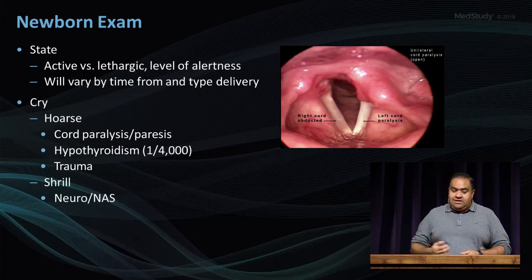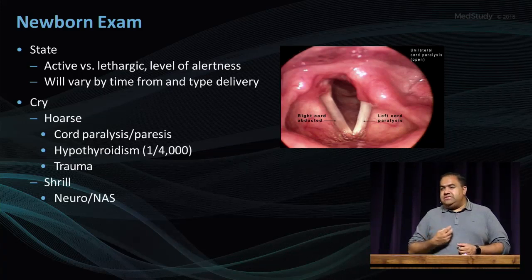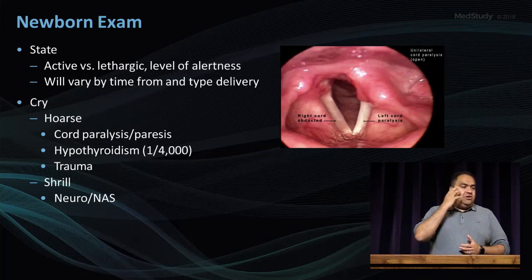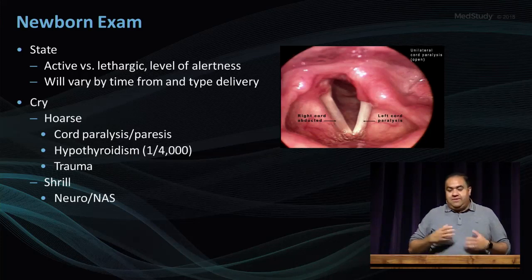If it's a hoarse cry, if they have a very weak cry, they might have cord paralysis that may have occurred. That hoarse cry we see in hypothyroidism. If there was trauma, if there's a stretch, like in a forceps delivery, and they cause a facial nerve palsy, or if there was trauma to one of the cranial nerves, that may affect their sound.